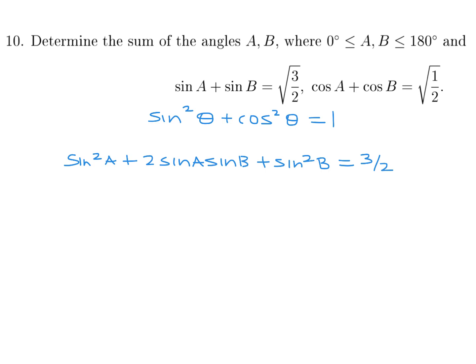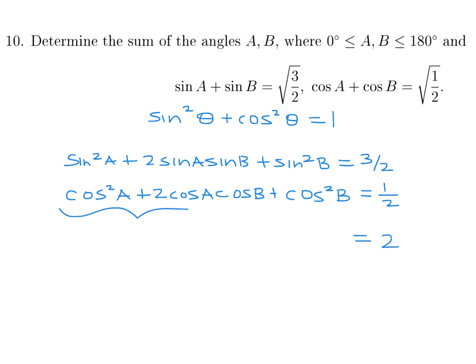No problem, let's do the square of that side. So that's going to be cos squared A plus 2 cos A cos B plus cos squared B is equal to 1 over 2. Okay, now I think we'll be able to help solve this question. Now let's add these guys, and when you do, on this side you get 3 over 2 plus 1 over 2, which is 2.